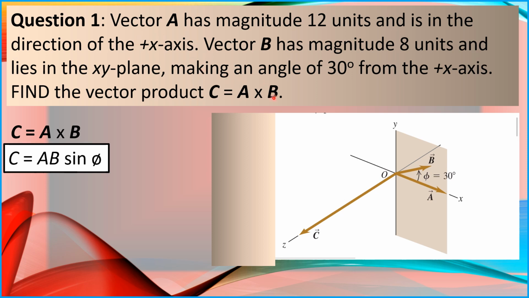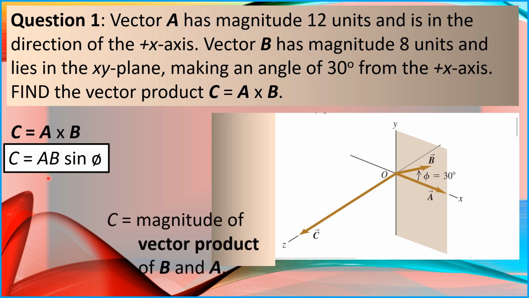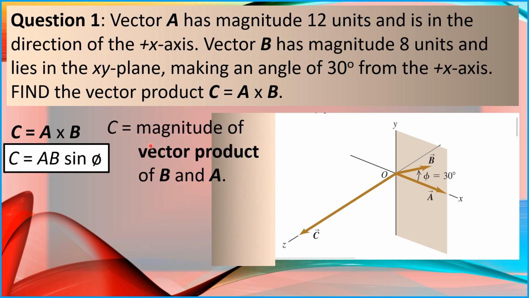That is how we represent vector quantities. So in this formula, the letter capital C is not in bold letter, because capital C is just the magnitude of the vector product of vector A and vector B. It's just the magnitude.